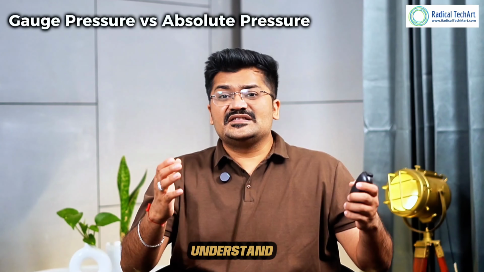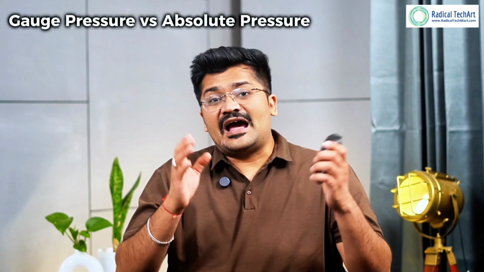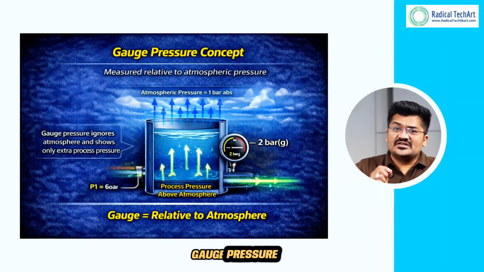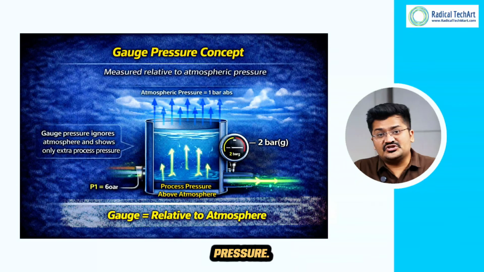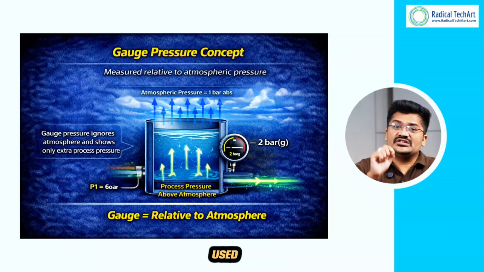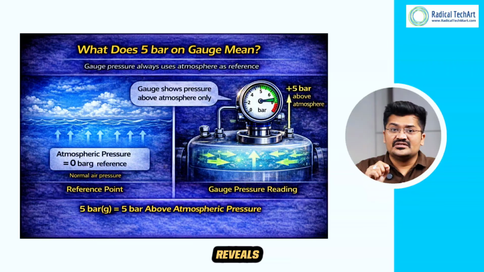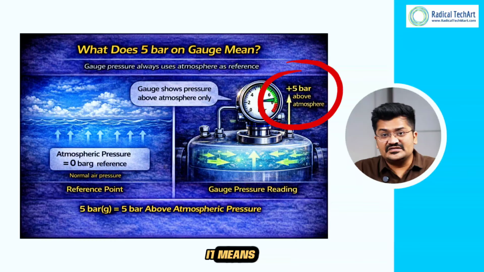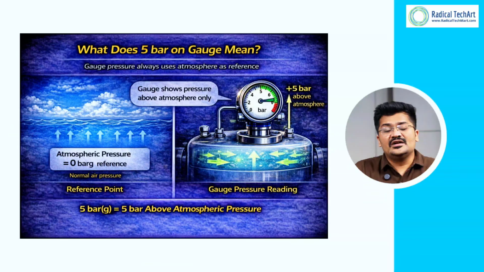Now, let's understand an important concept: gauge pressure versus absolute pressure. Gauge pressure is the pressure measured relative to atmospheric pressure. This is the most common type of pressure measurement used in the industry. For example, if a pressure gauge reads 5 bar, it means the pressure is 5 bar above atmospheric pressure.